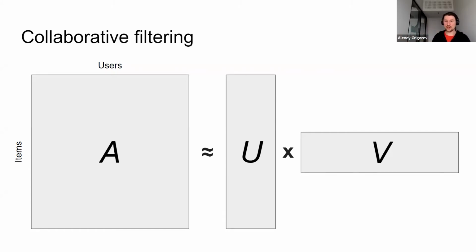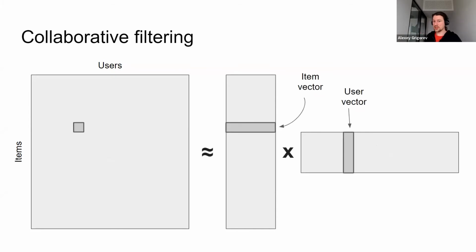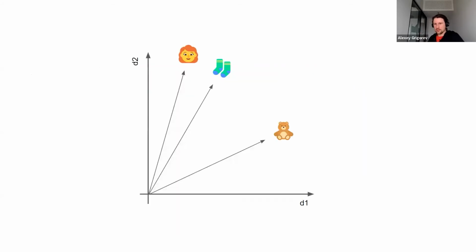So now we have each user and each item represented as an array of 16 floats, 16 doubles, so 16 numbers. And then what we can do with this is we can actually put them into a vector space. Let's say there is an item, socks, and another item, a teddy bear, and then there is a vector for a person.